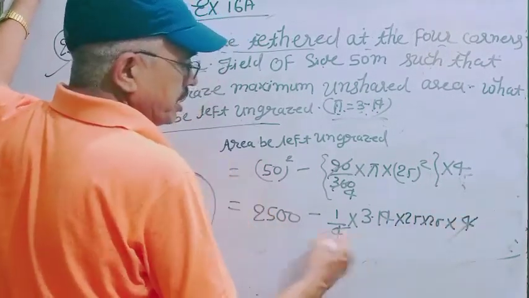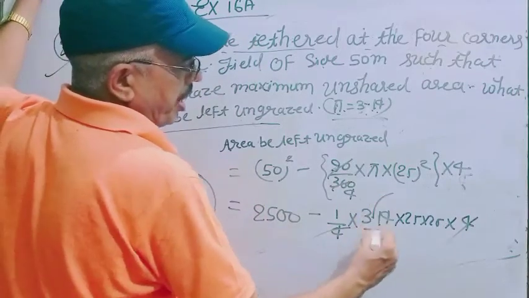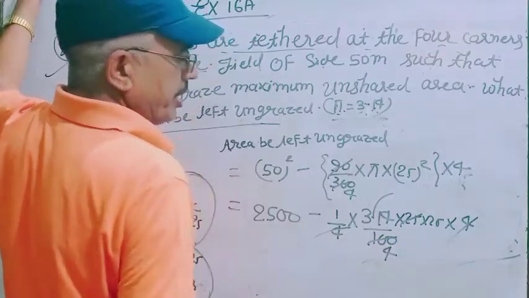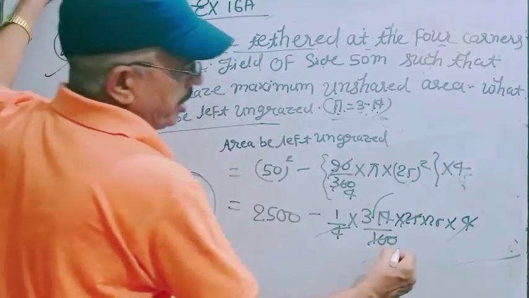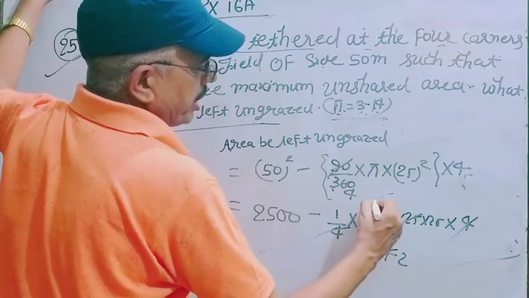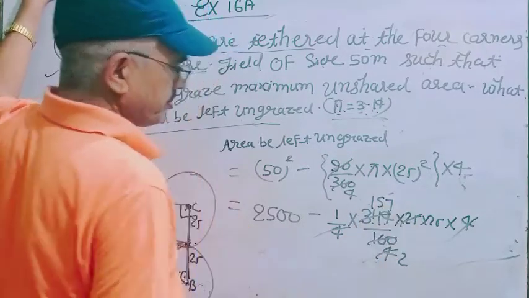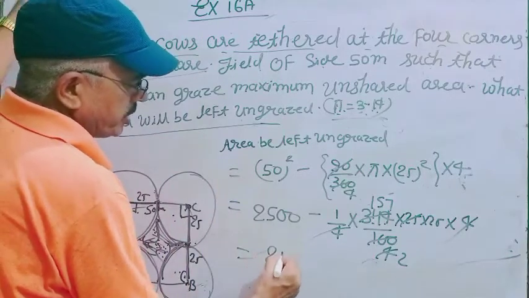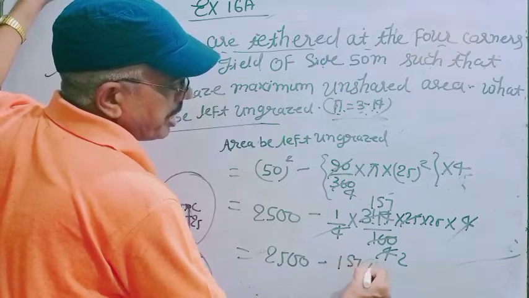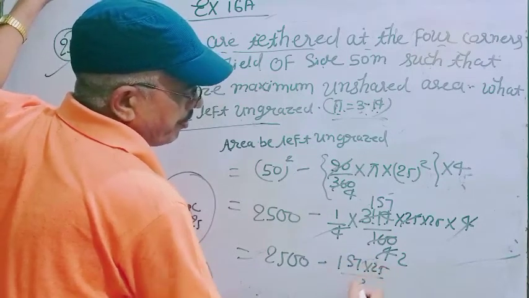This 4 is cancelled, and in here 100, so you write 25 4 ja 100, and here 2 ja, and here 314, that is 157. Dear student, here is 2500 minus 157 into 25 by 2.